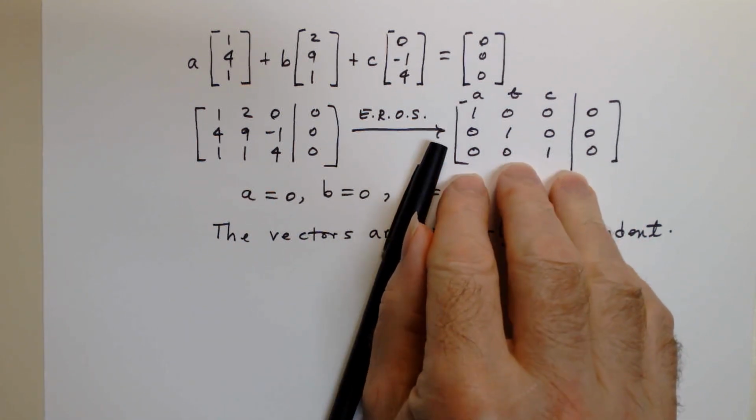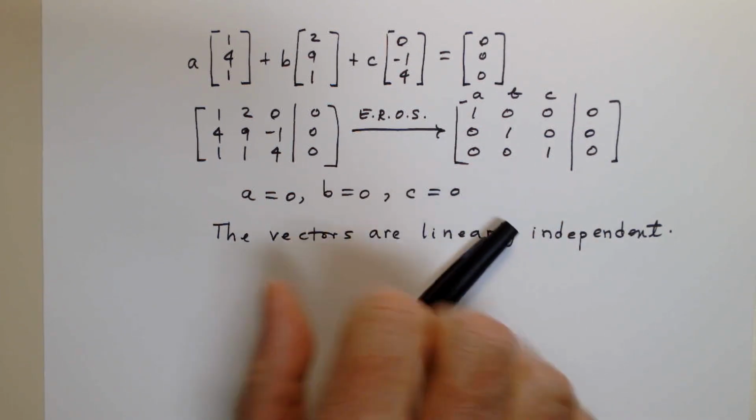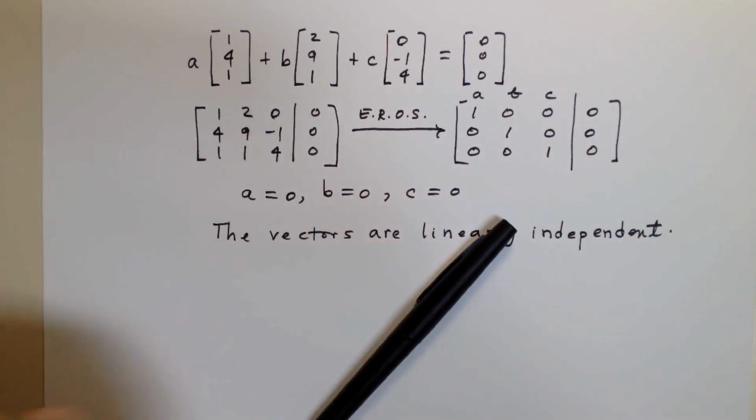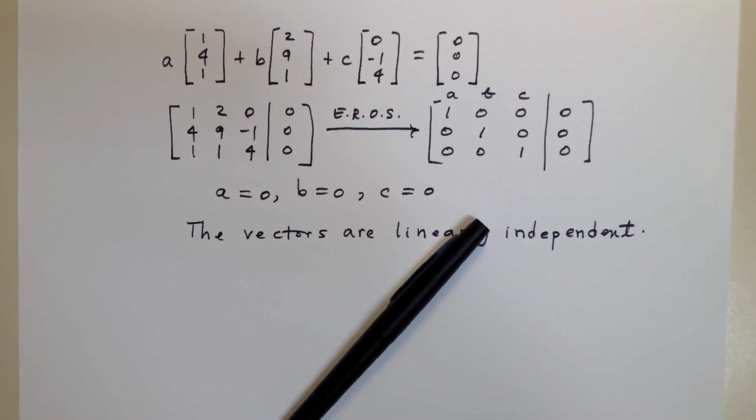If there are no free variables, then the only solution is the trivial solution, and the vectors are linearly independent. But if there are free variables, then in fact the system has non-trivial solutions, and the vectors are linearly dependent. Okay, let's head back to the class notes and study that concept in a little more detail.